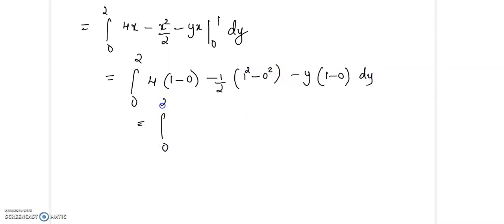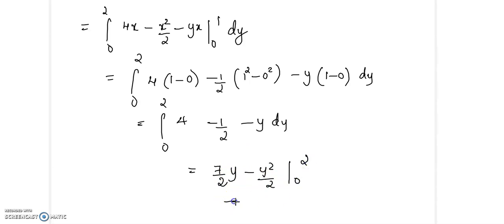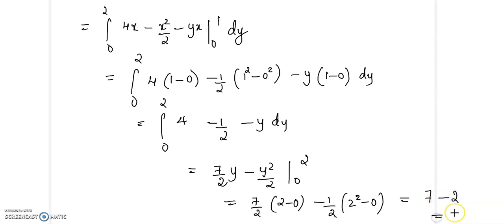So that is the integral from 0 to 2 of 4 minus 1 by 2 minus y dy. So that is [7 by 2 y minus y square by 2] from 0 to 2. So that is 7 by 2 into 2 minus 0, minus 1 by 2 into 2 square minus 0. So we'll get 7 minus 2, which is equal to 5. So the required volume is equal to 5.